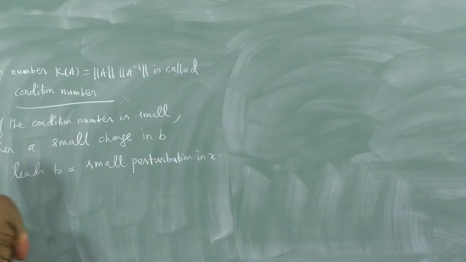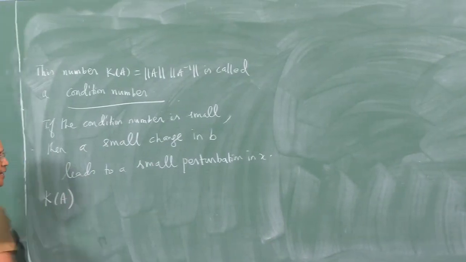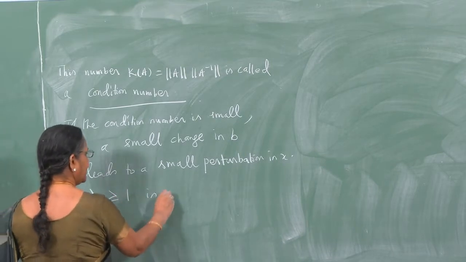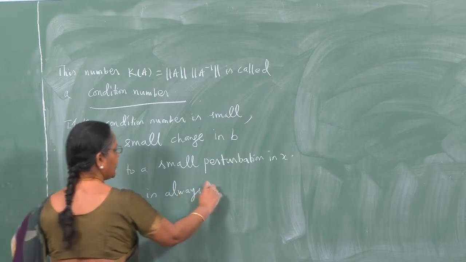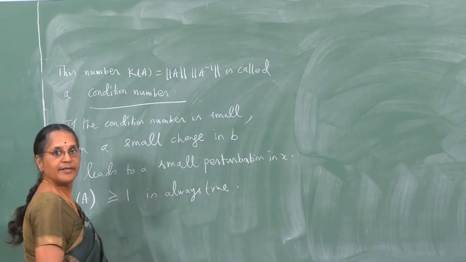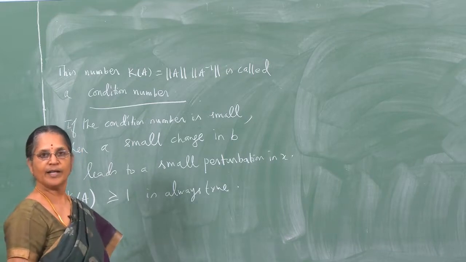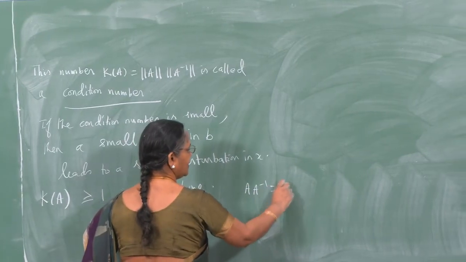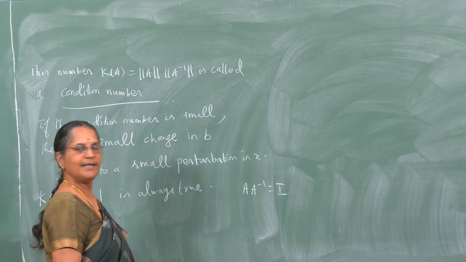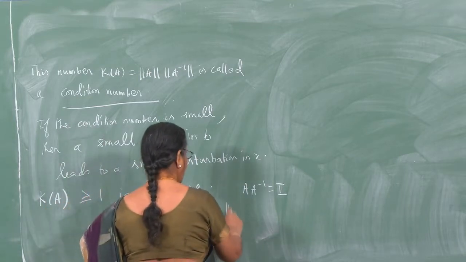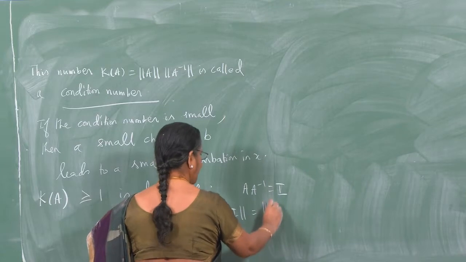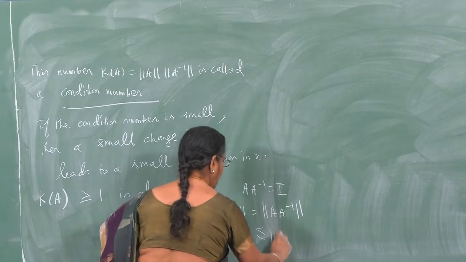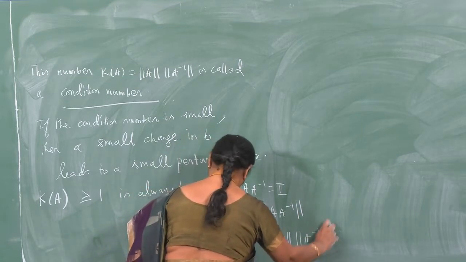And what can you say about this K of A? K of A has to be greater than or equal to 1, and this is always true. How do you show that? So, let us take A into A inverse. What is it? It is the identity matrix. So, norm of I must be norm of A into A inverse, and that is less than or equal to norm A into norm A inverse.